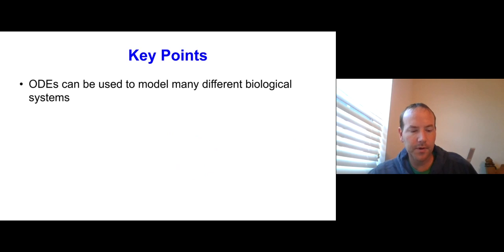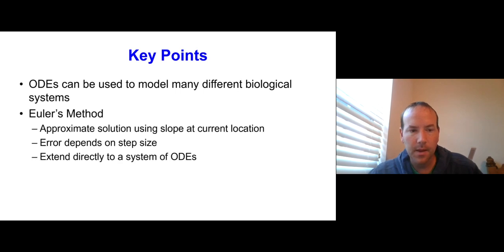Alright, so the key points for today's lecture are that differential equations can be used to model many different biological processes. Euler's method is the foundation of a series of methods called Runge-Kutta methods, and they all approximate the solution using the slope at a current location.